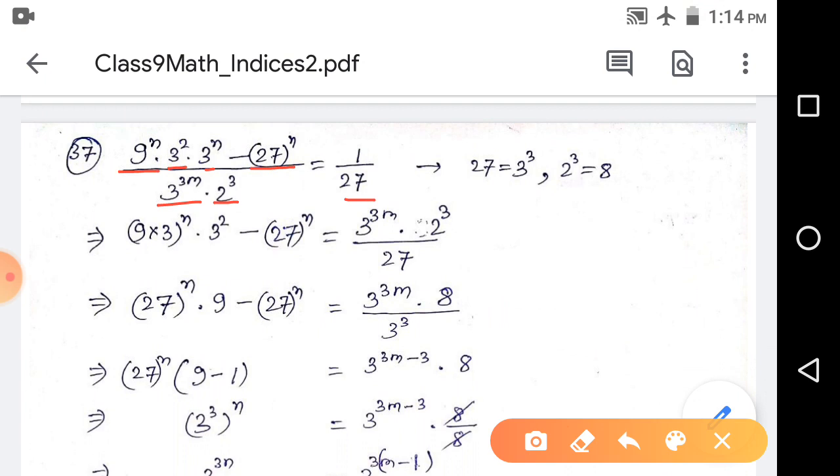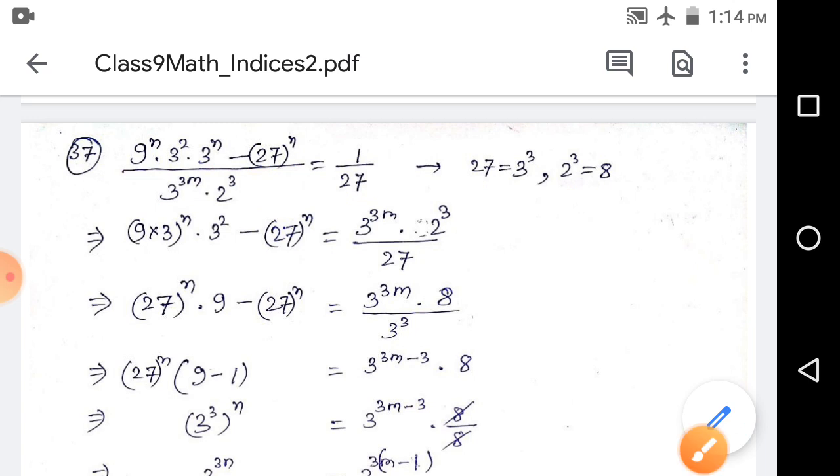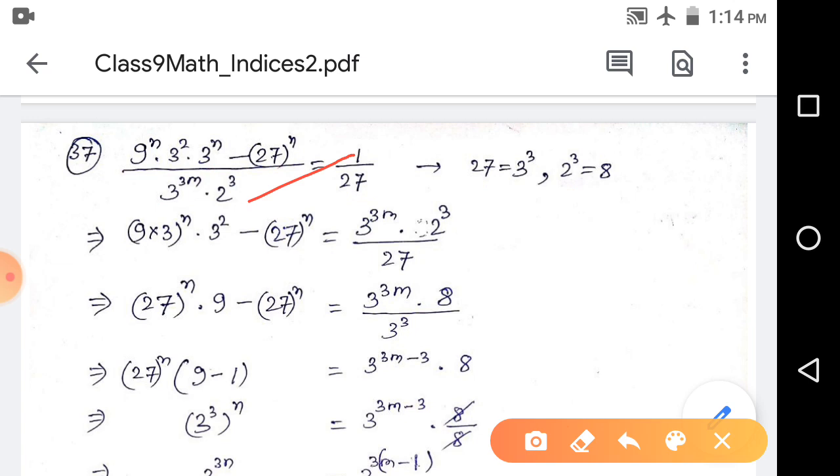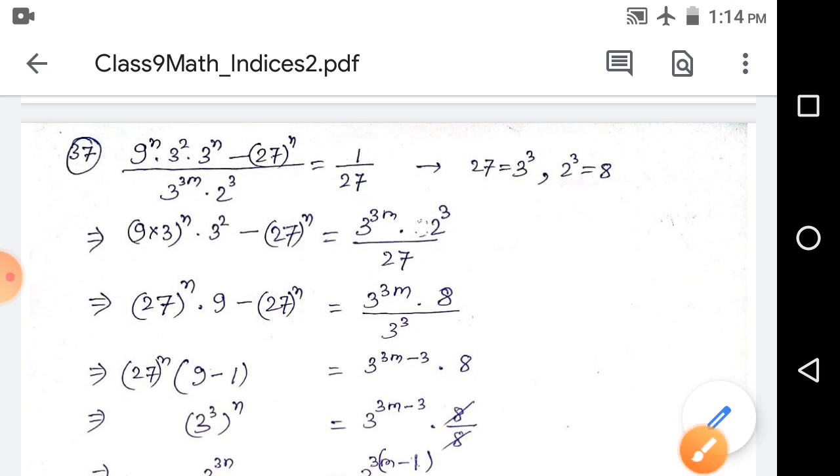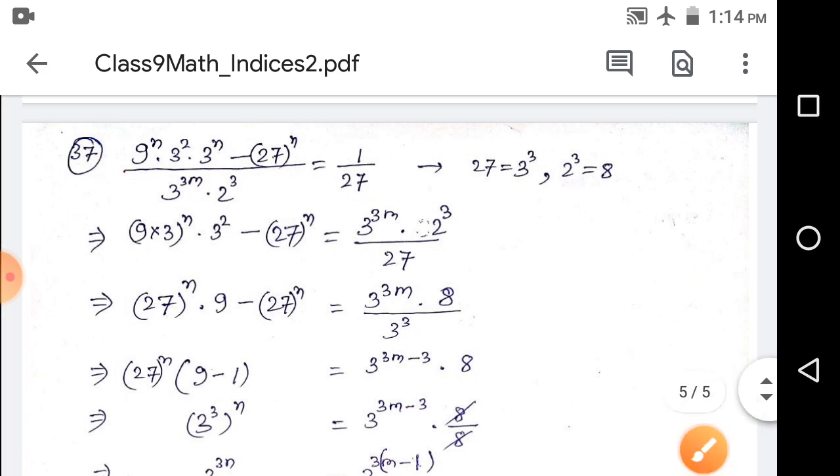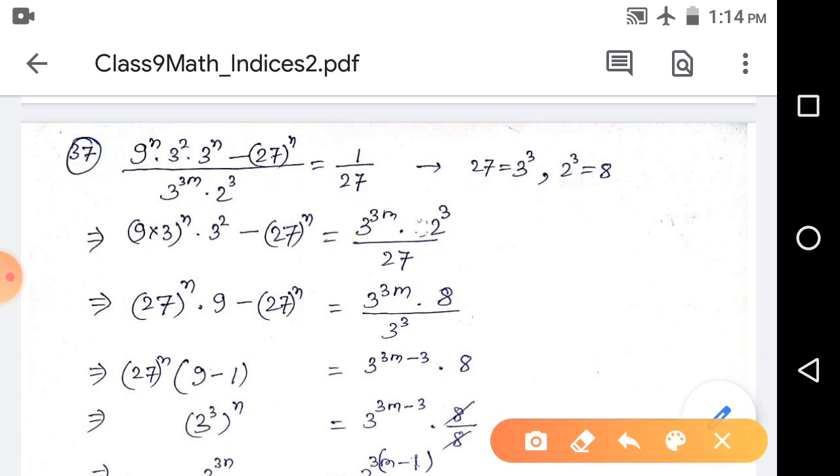So for this 27 we can use 3 cube, and for this 2 cube we can write 8. So first we do what? Whatever the denominator in the LHS part, we shift this denominator to the RHS part. So cross multiplication is done here, and this 3m by 2 to the power 3 is written here as the numerator.